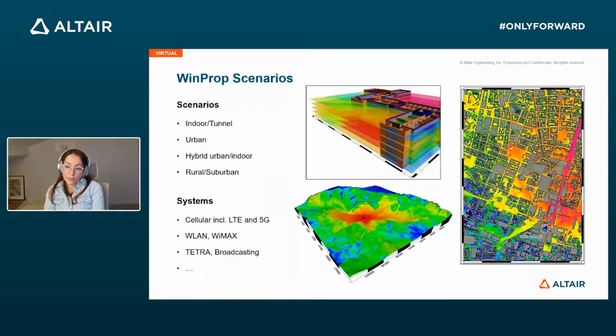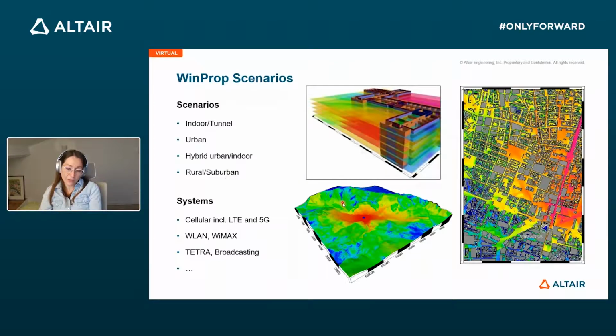We also have the urban scenarios, in which we are mainly interested in analyzing the effect of the propagation in a neighborhood or in a city. And in these cases, we need the database of the city with all the buildings, etc. And we also have rural scenarios where the main goal is to analyze the propagation over wider areas.